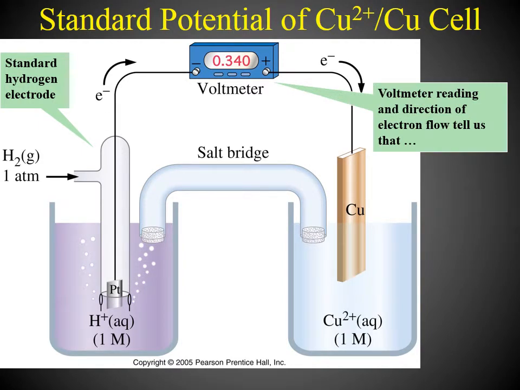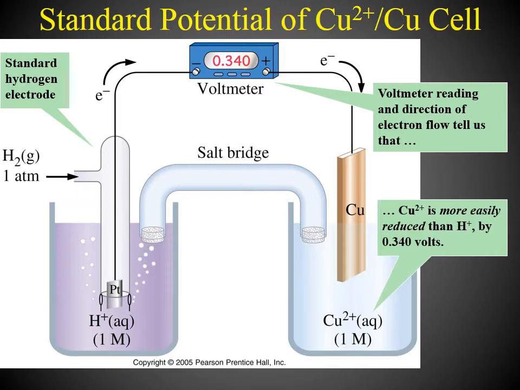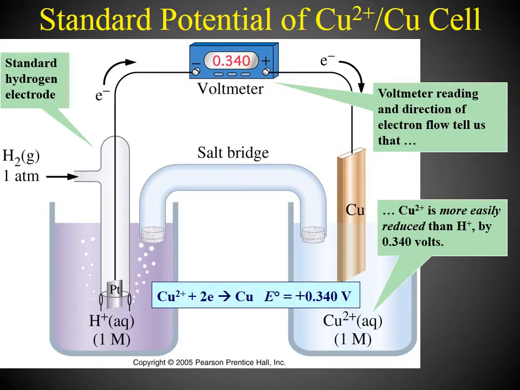In this case, as you can see from the voltmeter and the electron flow, because hydrogen is being converted to hydrogen ion, the electrons are flowing to copper, which means that copper 2 ions are more easily reduced than hydrogen ions by a value of 0.340 volts as measured by the voltmeter. So the reduction half reaction, showing copper 2 moving to copper, has an electrical potential of 0.340 volts.